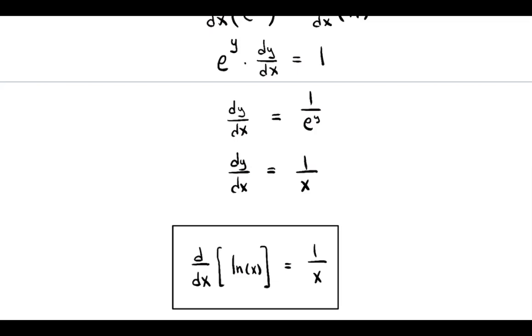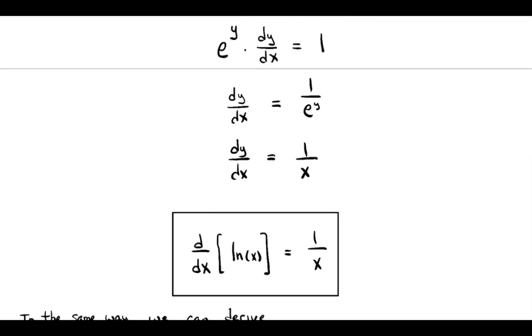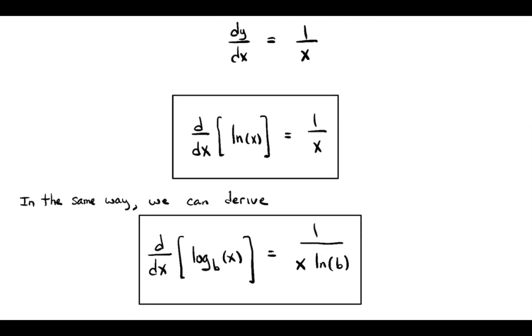All right, so I'm not going to go through the details. You can read it in your book. Your book actually does it first, but in the same way, because the log base b of x is the inverse of the exponential function b to the x. In the same way, using implicit differentiation, you can derive that the derivative of the log base b of x for any base b is 1 over x times the natural log of b.